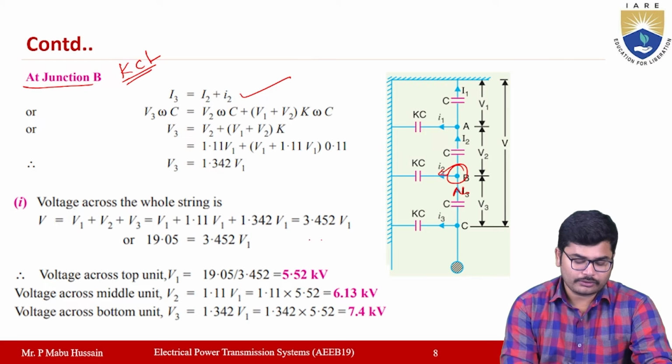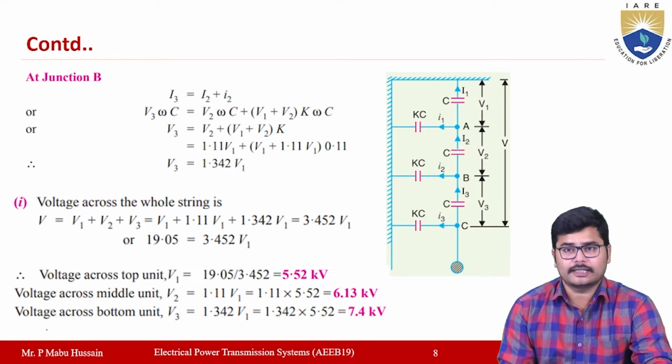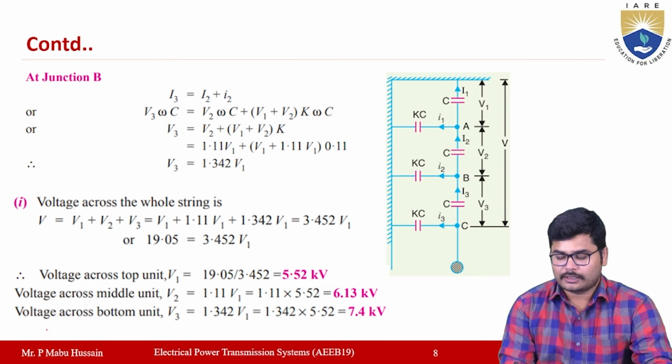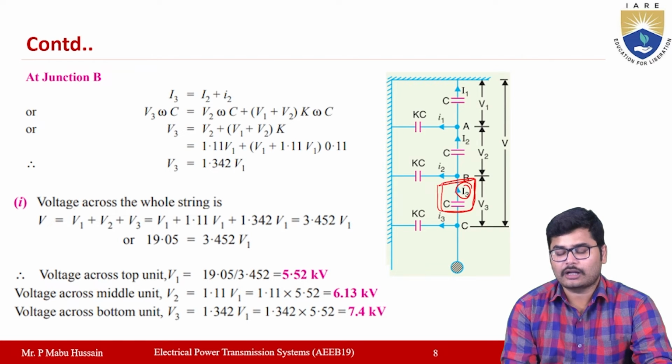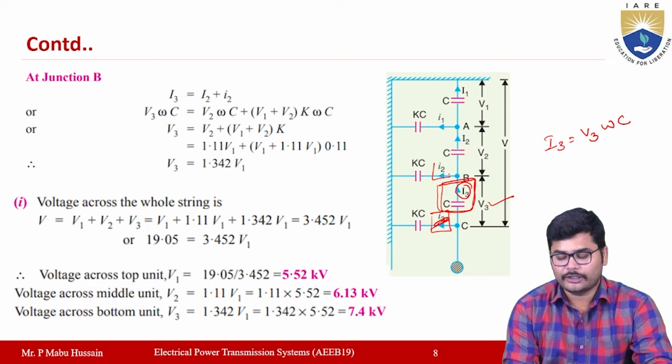Now here also you can find the values of all the currents in terms of voltages, right? This I3 is the current flowing through this capacitance, and the voltage across this capacitance is V3. So I3 can be written as V3 into omega C. And small I2 is the current flowing through this capacitance.